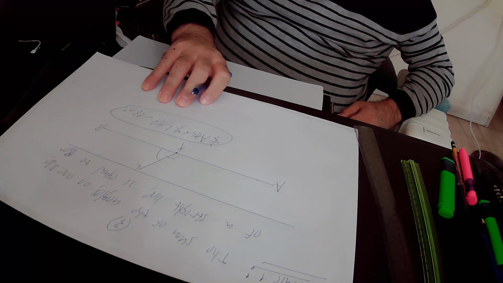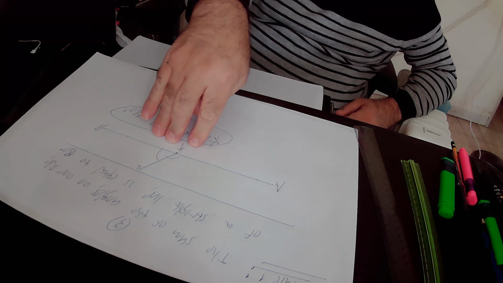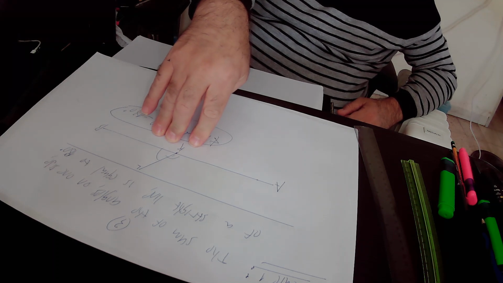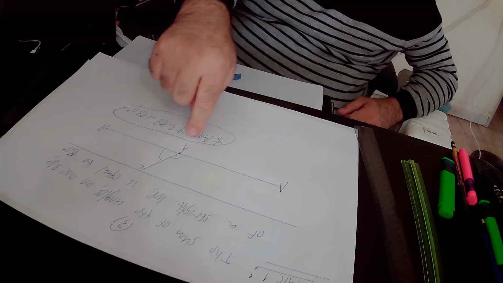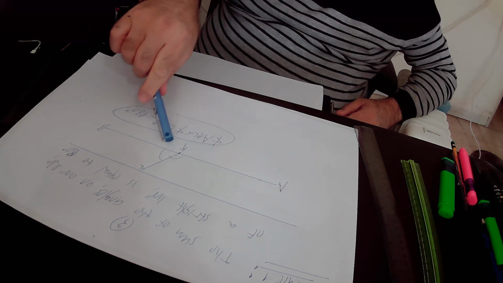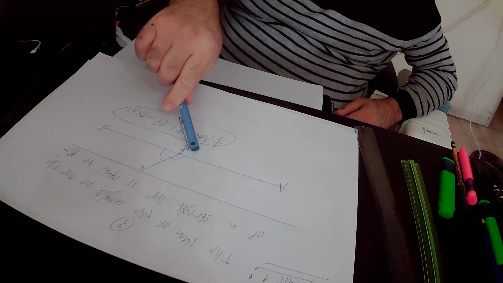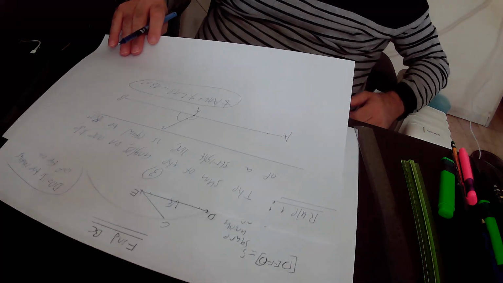The same thing is true in relation to the lower side of the straight line AB. If you focus on the lower side of the straight line AB at point K, the sum of the angles must also be equal to 180 degrees. So we actually can implement rule number 1 in our drawing.